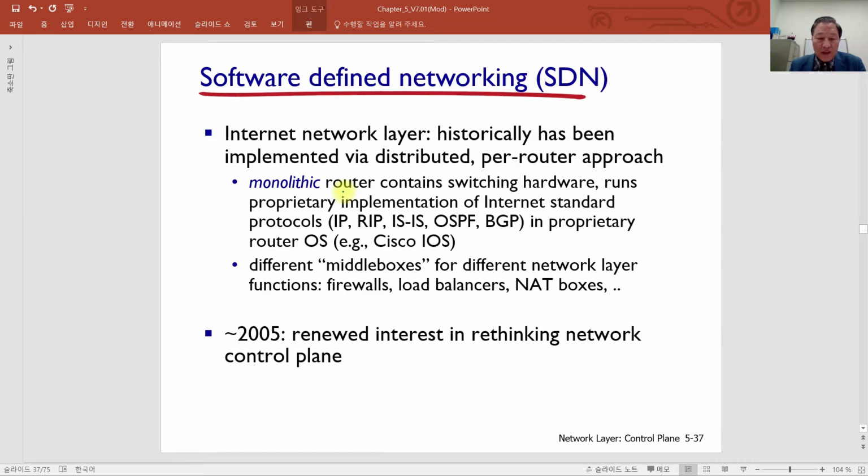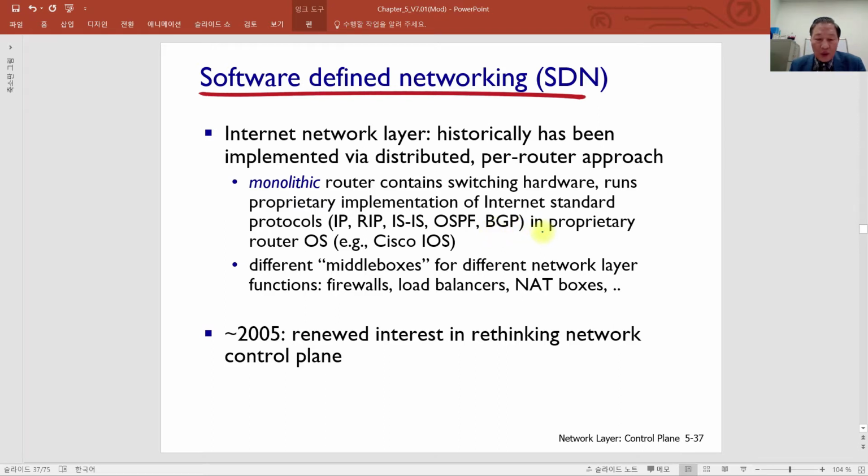That monolithic router contains switch hardware and proprietary implementations of internet standard protocols, for example IP, Routing Information Protocol, Intermediate System to Intermediate System protocol, and Open Shortest Path First protocol. Also, as we learned, Border Gateway Protocol.